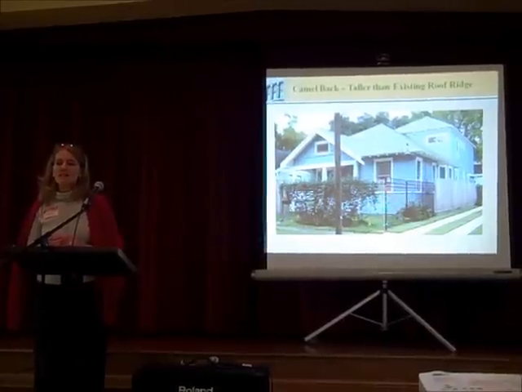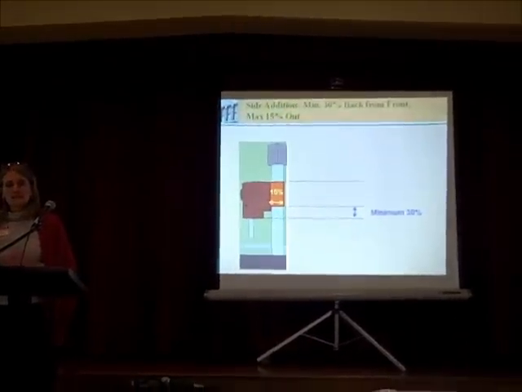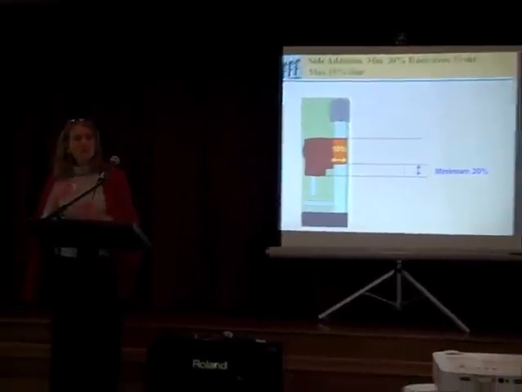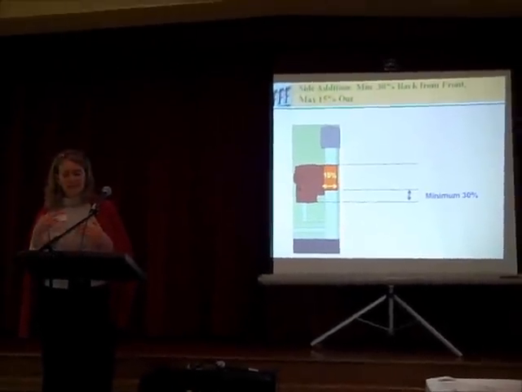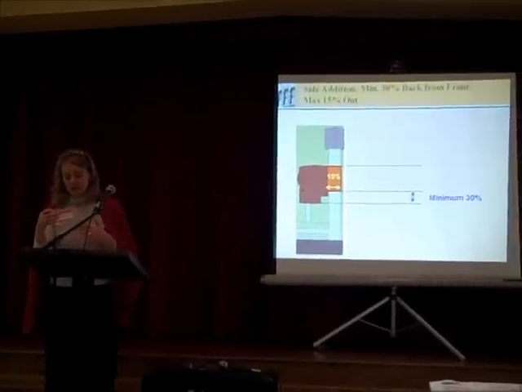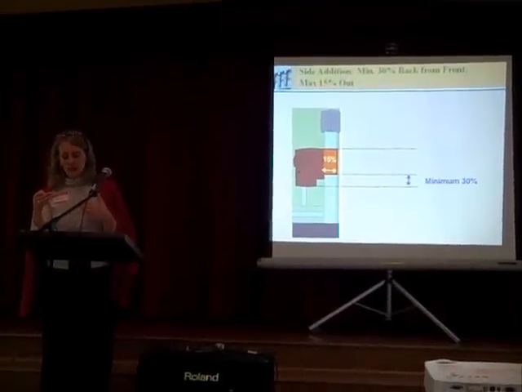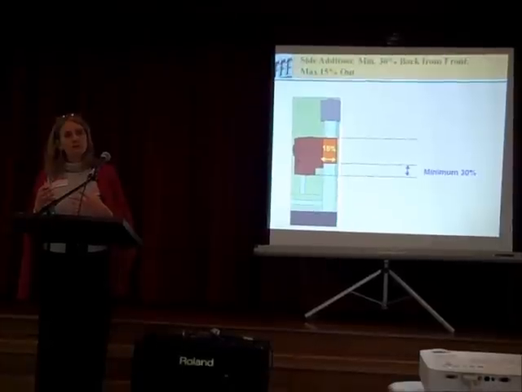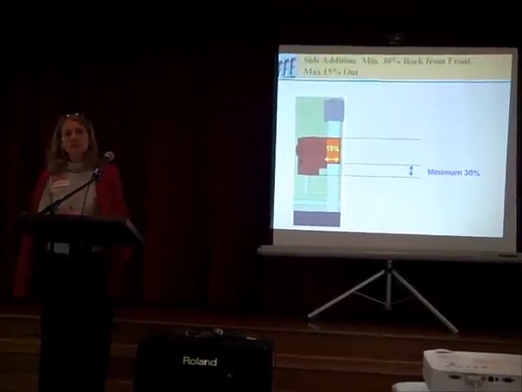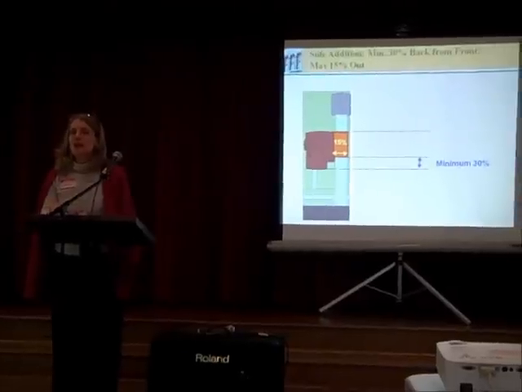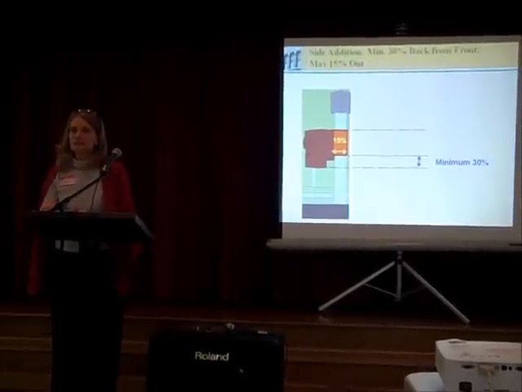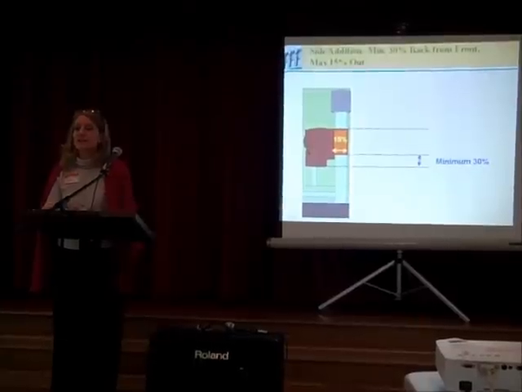Now side additions are a little different. If the length of your house is say 60 feet, then 30%, so roughly 20 feet. If your addition sets back 20 feet, then your addition may come out 10 feet. I know that's complicated, isn't it?